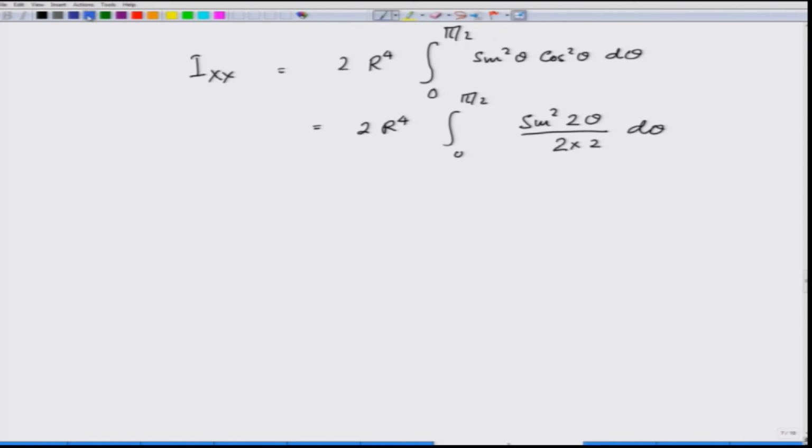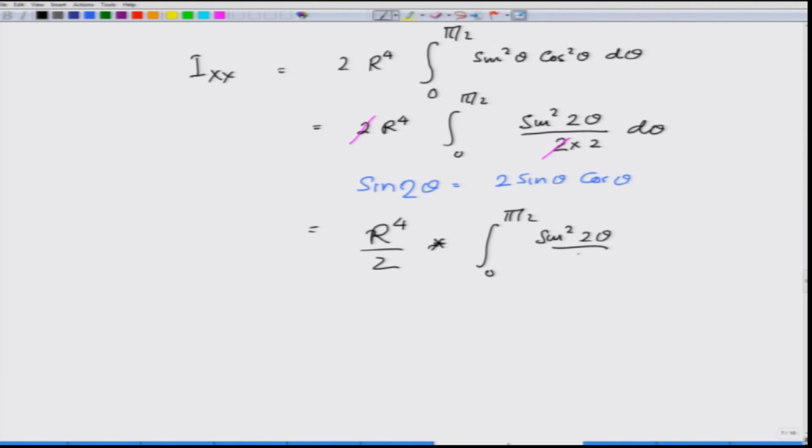I made use of the fact that sine 2 theta is equal to 2 sine theta cosine theta, and therefore, Ixx becomes r raised to 4 divided by 2, because this cancels, integral 0 to pi by 2 sine square 2 theta d theta.